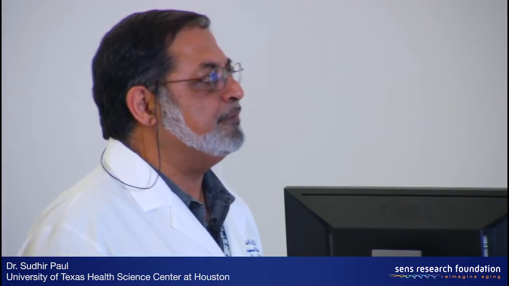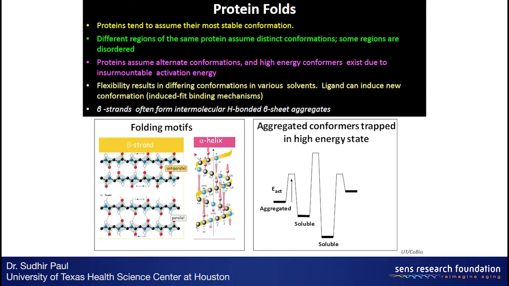So there are different kinds of folding motifs. Individual regions within a protein can be disordered, which essentially means it's flexible and dynamic, moving around, or the individual regions can form alpha helices, characterized by this helical structure.